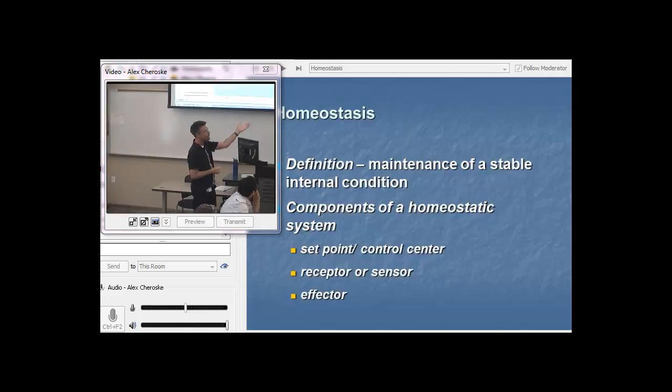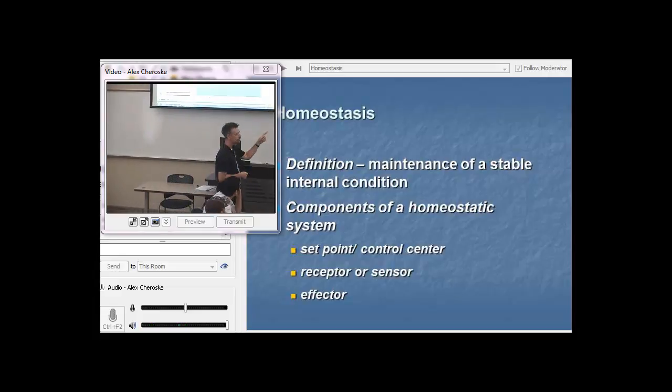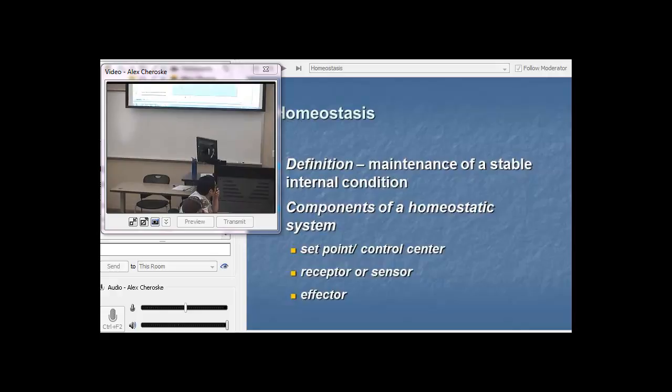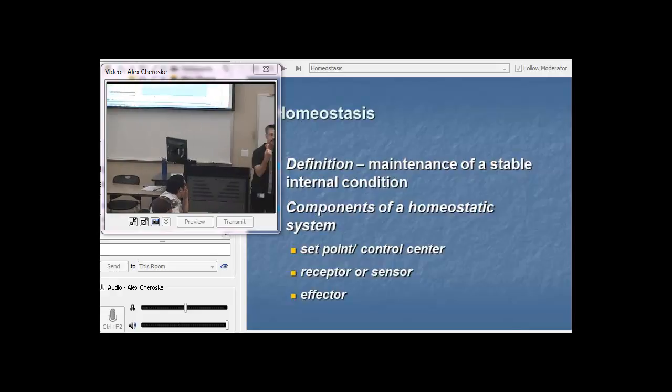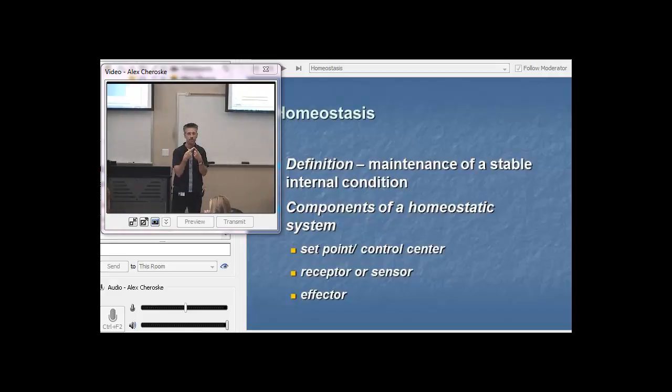In that case, it would be a thermoreceptor, right? A temperature sensor, a thermometer, which measures temperature. So then the control center can look at the set point, 79 degrees, look at the actual temperature, and see if those two match. If they don't match, then we need to take action to make them match in order to maintain the internal conditions, in that case of your house, right?